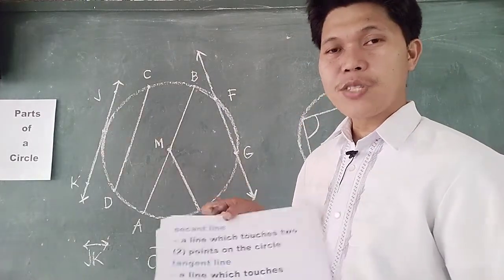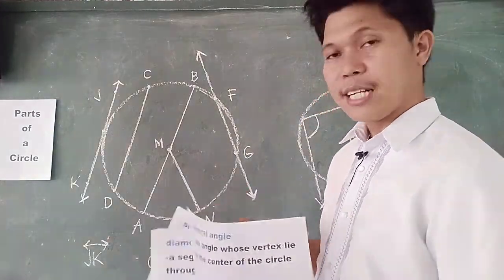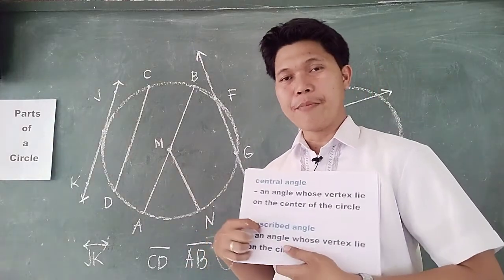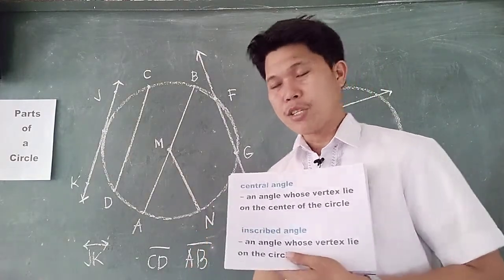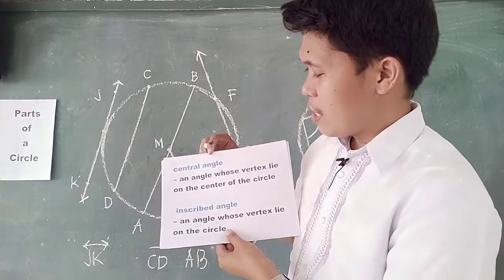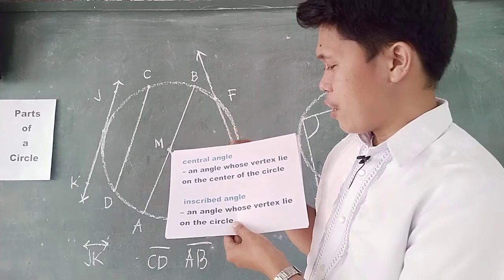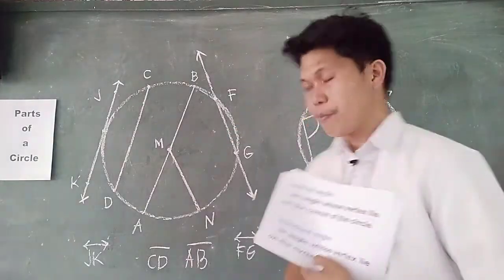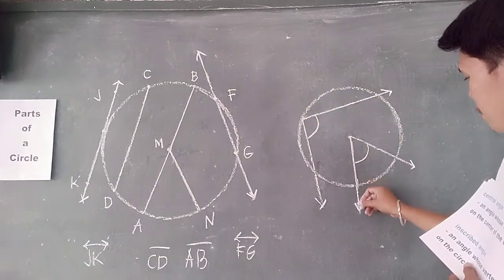Okay, we have also the different angles na dapat rin natin malalaman, matutunan, na parts of the circle. We have the first one is this, what we call the central angle. It is an angle whose vertex lie on the center of the circle. Like for example, this one, this is an example of a central angle.